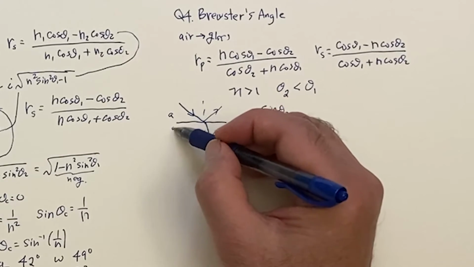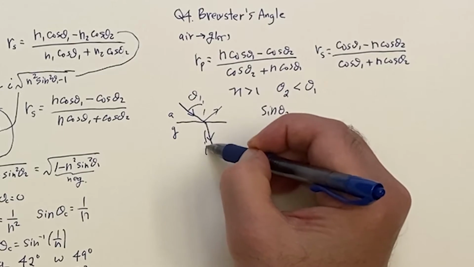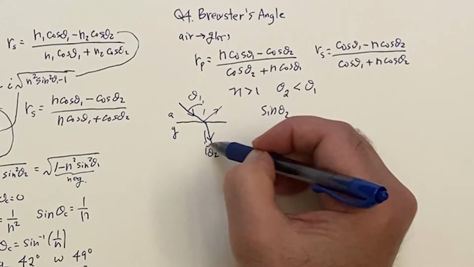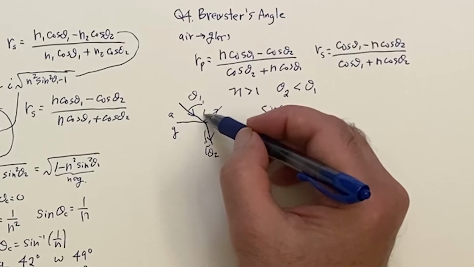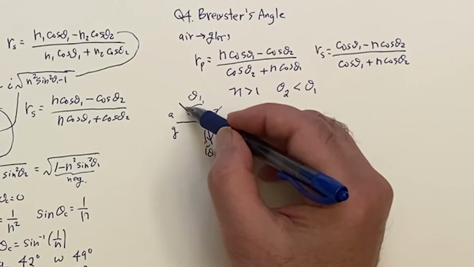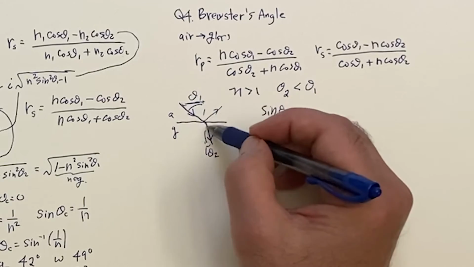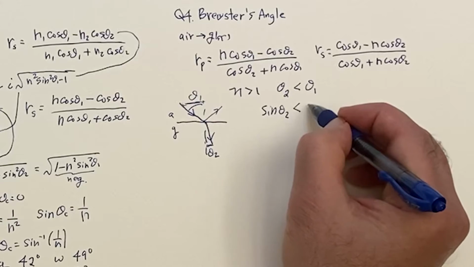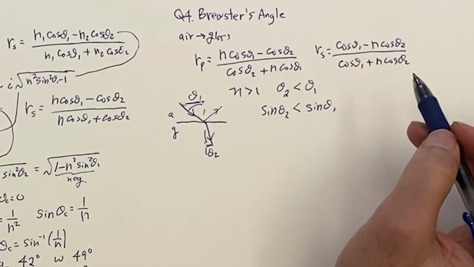This is the air and this is the glass, this is theta 1 and this is theta 2. The sine of theta 2 will be less than the sine of theta 1, because that's the opposite. If you make yourself a nice little triangle there, with unit length, you'll see the sine of theta 2 is going to be less than the sine of theta 1, all right?